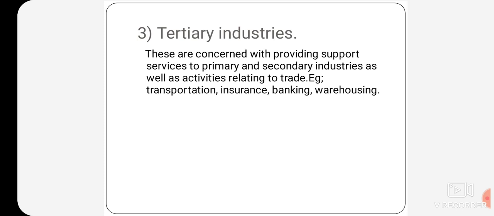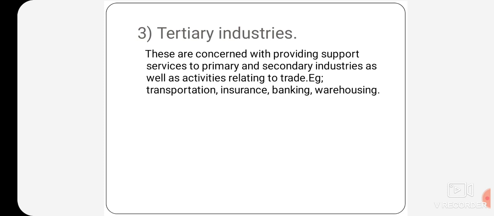So which are these tertiary industries? For example, banking. So, what is the service of banking? Banking provides credit facilities to the business. Then transportation. We need transportation. Why we need transportation? Because we have to make goods available from one place to another place.